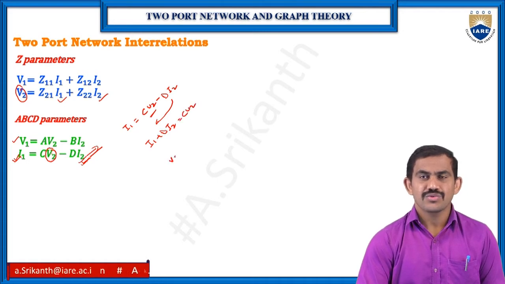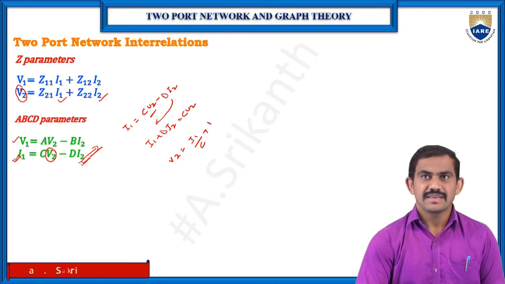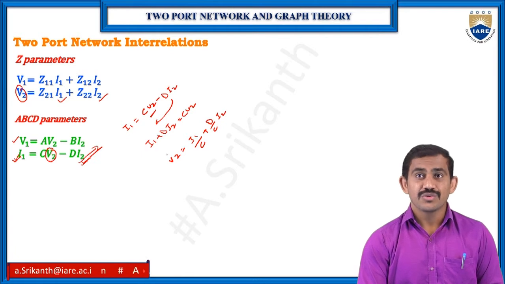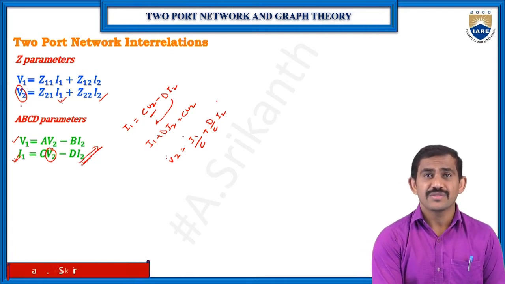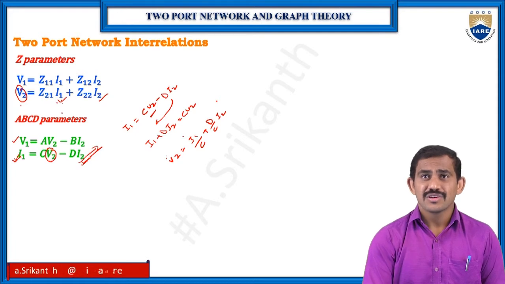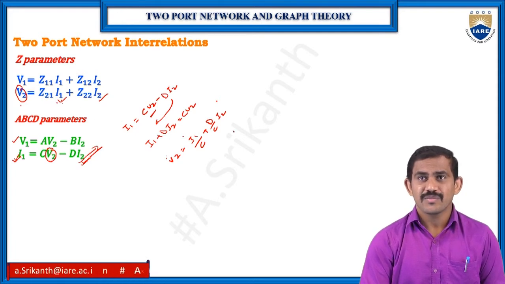Now V2 value is I1 by C plus D by C into I2. So your V2 in form of I1, I2. If you compare with your Z parameters, V2 in form of I1, I2, so 1 by C is your Z21 value, and D by C is nothing but your Z22 value.